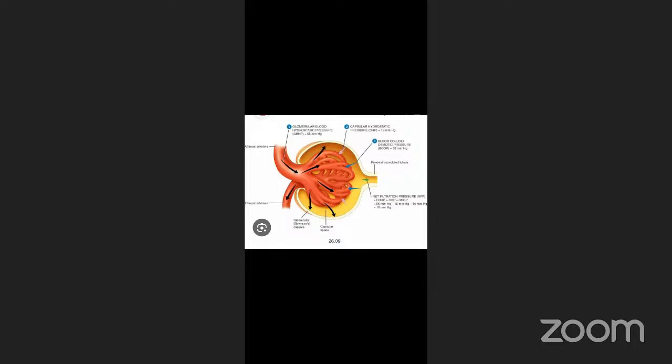Now, our concentration is what has been filtered out. The substances that have been filtered out is what you're going to look at.